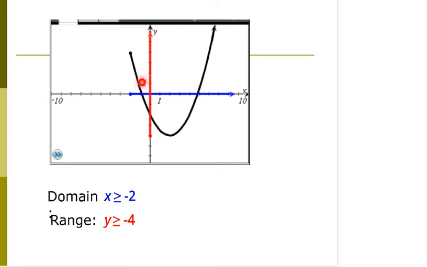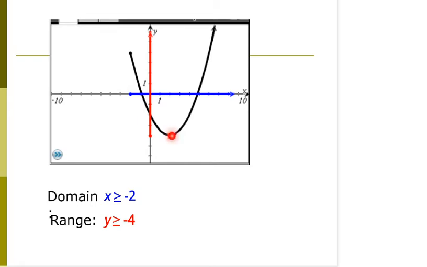Even though when we are at this particular point, when we go left, we're not going to touch anything, but when we go right, we are. The fact that it's going to continue here, and that's what the arrow right here indicates, the fact that it's going to continue upward indicates that we have other y values that we can use. So any point up here, if we go right, we're going to reach the graph some kind of way. So y has to be greater than or equal to negative 4 because this point obviously is included as a part of the graph. It is not a deleted point here.